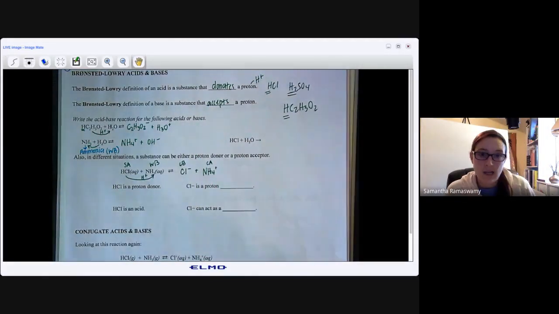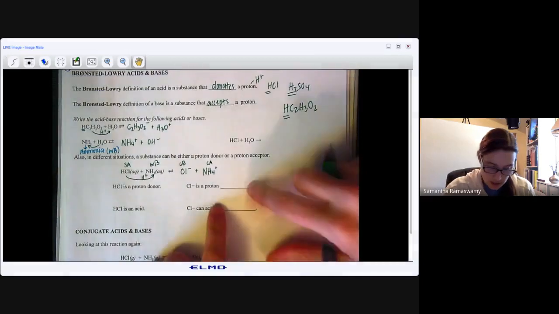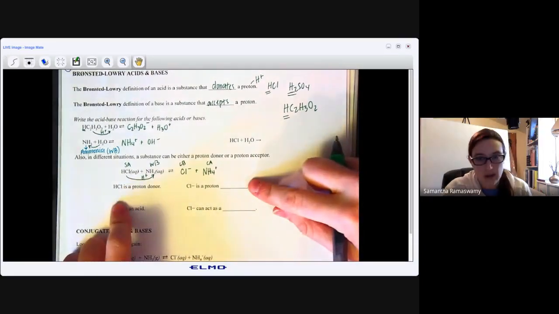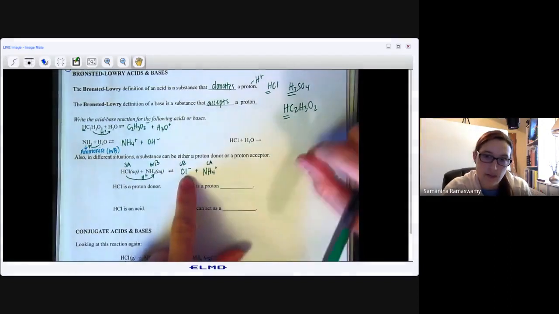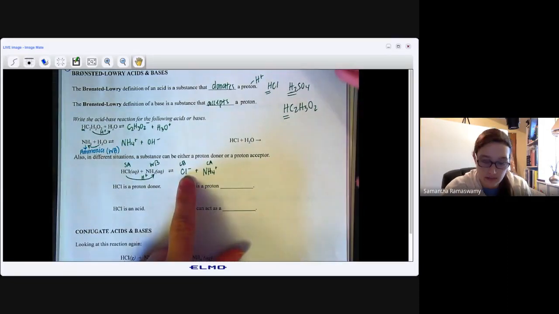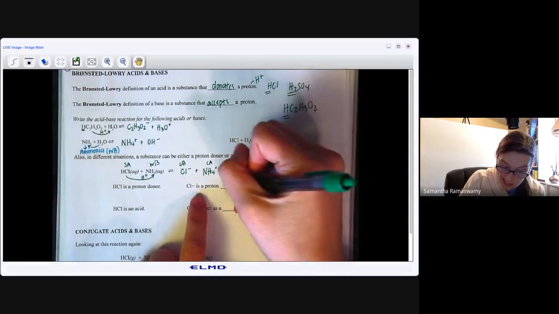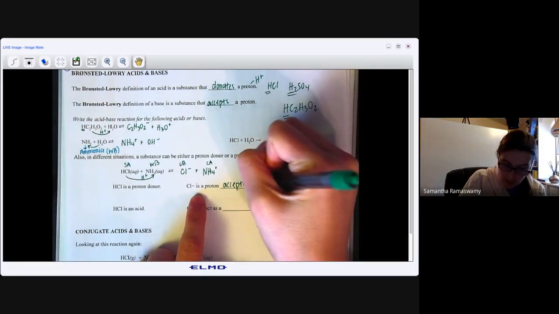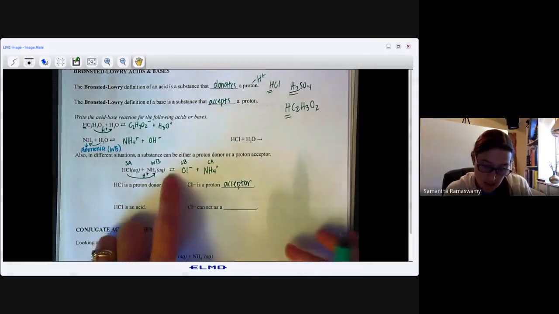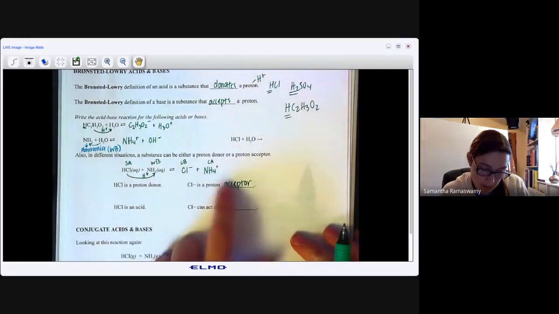Now, based on this, these questions are asking us about how Cl minus compares to HCl. Notice how we labeled Cl minus a conjugate base. That means that Cl minus, if it's a base, is a proton acceptor. Think about, this is a double arrow. Think about what would happen if we went backwards.